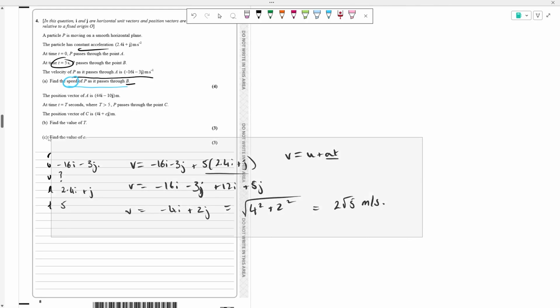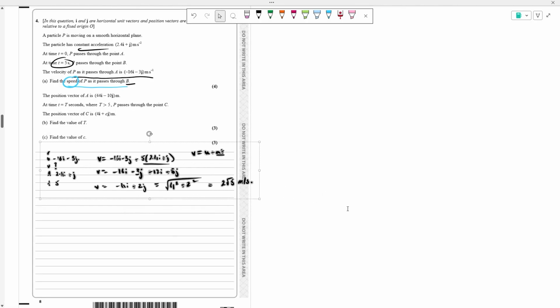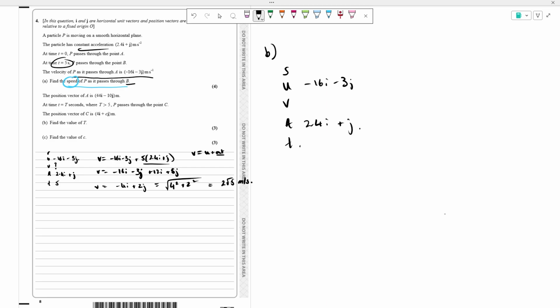I'm going to make this a bit smaller. So, part B, let's make another suvat. Position vector, we'll worry about that in a second, actually. Again, u is going to be minus 16i minus 3j. Acceleration is going to be 2.4i plus j.